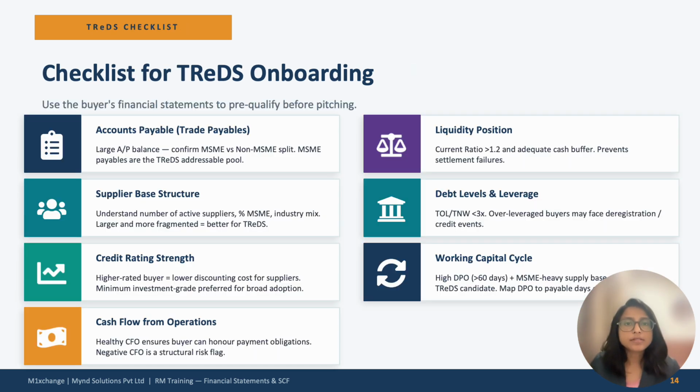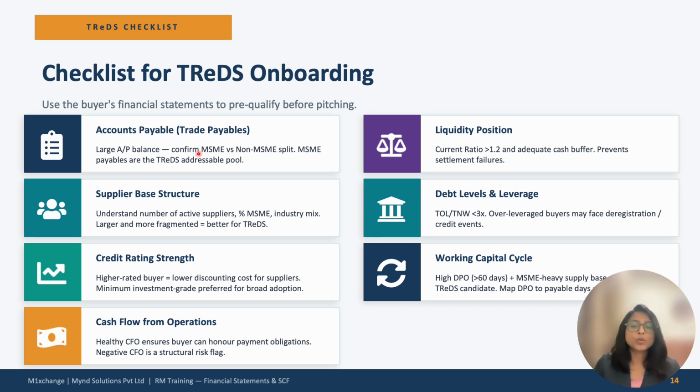Now let's go through the TReDS onboarding checklist. Use the buyer's financials to pre-qualify the TReDS product before you even pitch to them. The first thing which we check is the accounts payable. You can find this in the balance sheet, under your current liabilities. Every company now has the compulsion to disclose the MSME outstanding as well.